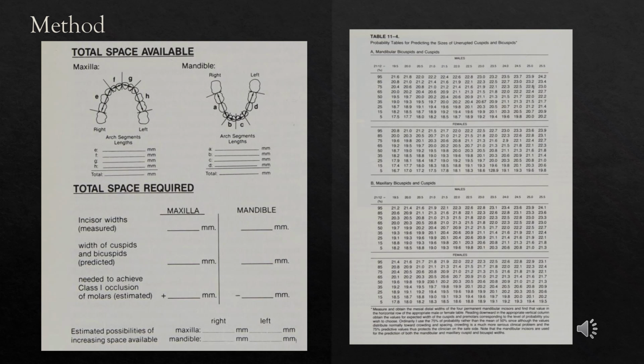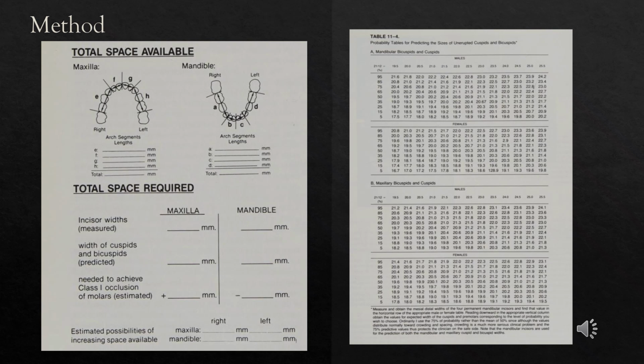This segment of the arch is known as the E space, the primary second molar space, and the leeway space, the primary first molar space, representing the space occupied by the primary canine and first and second molars. Alternatively, measure from the mesial of the first permanent molar to the distal of the lateral incisor on each side, then sum these distances.